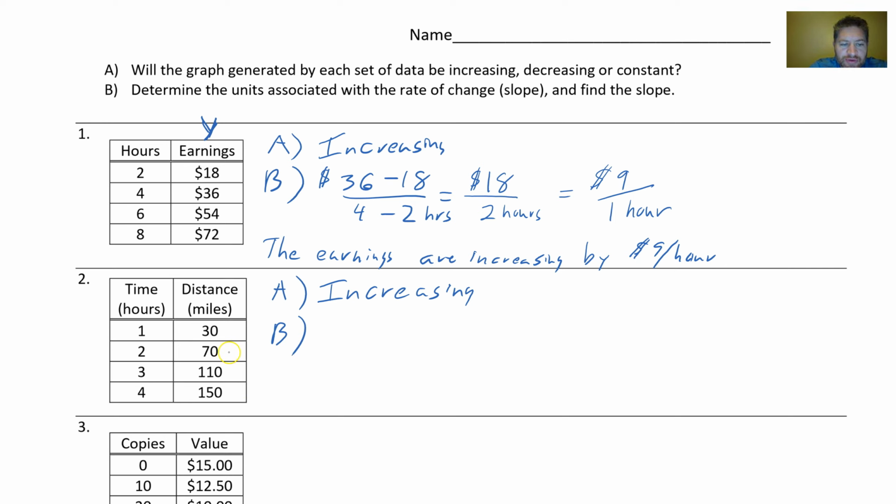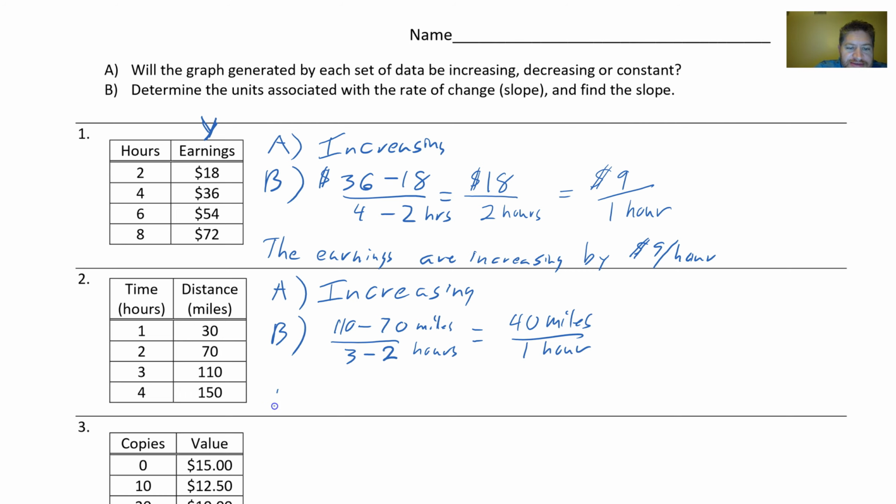Why don't we pick 110 and 70, 3 minus 2. The top is miles, and the bottom is hours. So simplifying this, we get 40 miles over 1 hour. So what does that mean? It's 40 miles per hour.